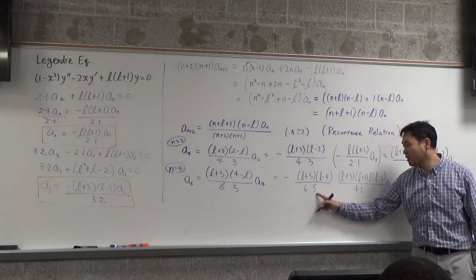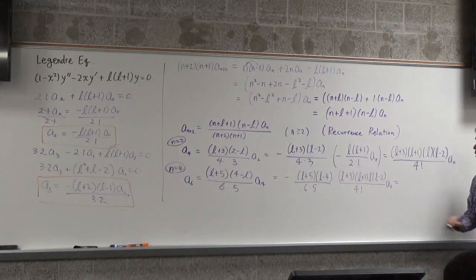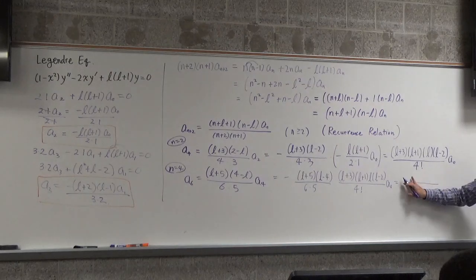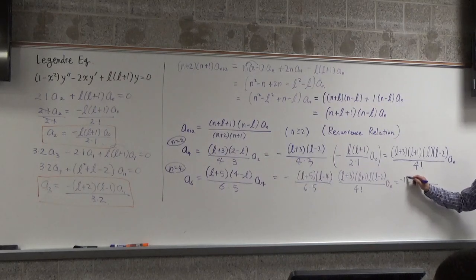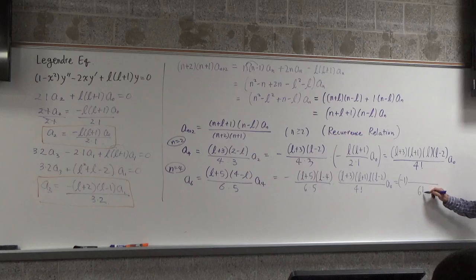So what's 6 times 5 times 4 factorial? That's just 6 factorial. So it's minus 1, 6 factorial here. And then the top will be L plus 5.